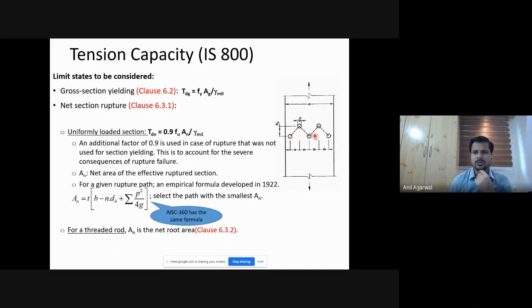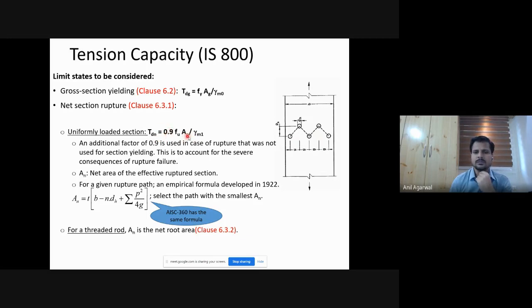So you have to calculate the net cross section, that is AN, net cross section area, multiplied by FU, the ultimate strength of the material, divided by the resistance factor that corresponds to the limit state of rupture, gamma M1, multiplied by 0.9.